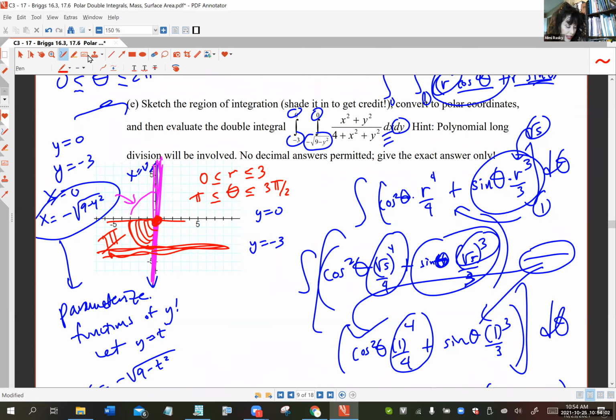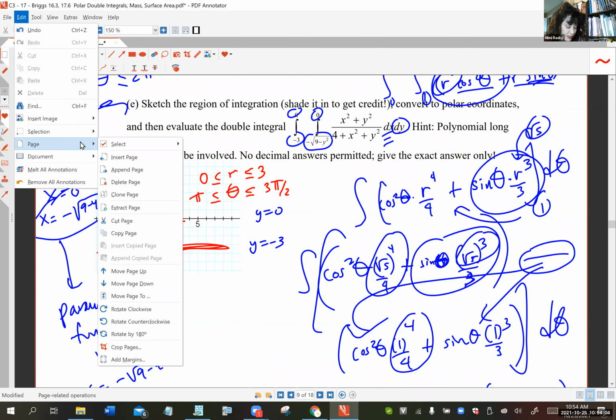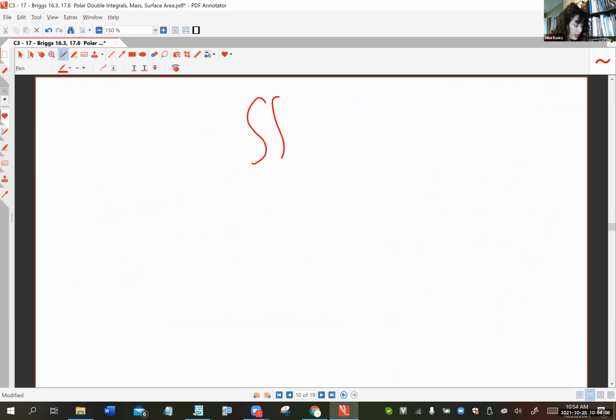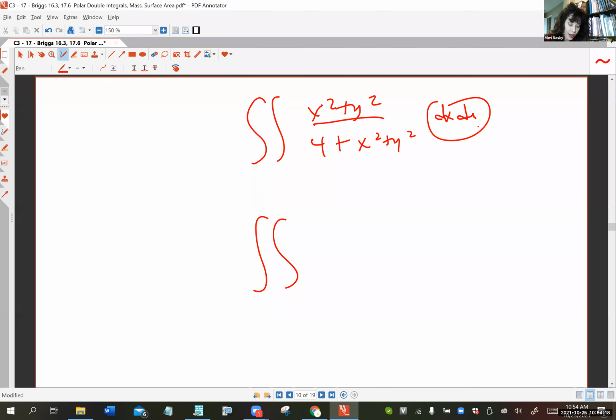So now, I'm going to try to convert this to polar. First up, I already know that my area element here isn't going to be dx dy anymore.